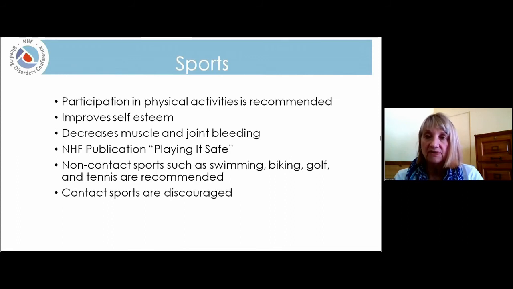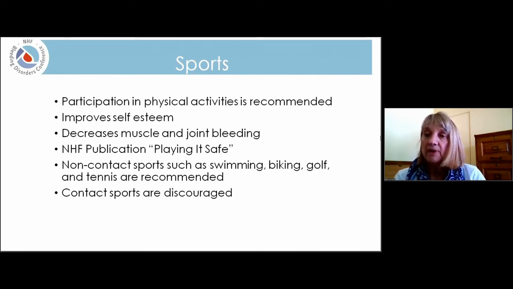We know that if they're active, they will develop good, strong muscles and joints, and thus they actually have less bleeding, not more bleeding. Participating on a team sport especially can improve self-esteem, or participating in an individual sport where they're competing with themselves and have success can often also boost self-esteem.